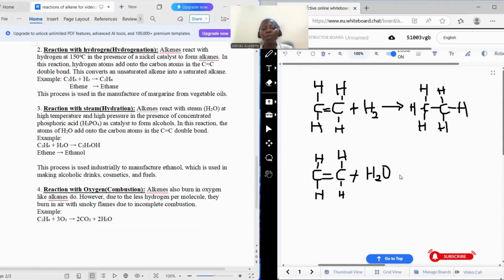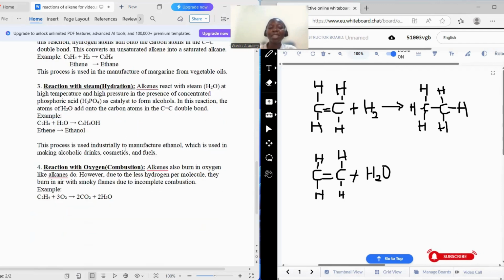This process is used industrially to manufacture ethanol. Ethanol belongs to the homologous series of alcohols. We use it to manufacture alcoholic drinks, in making furs, and also in making cosmetics.